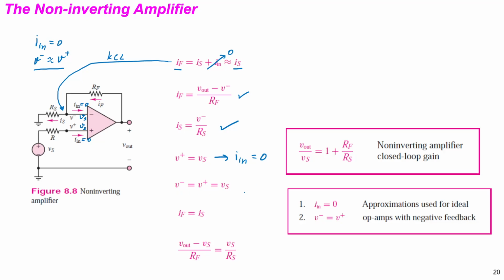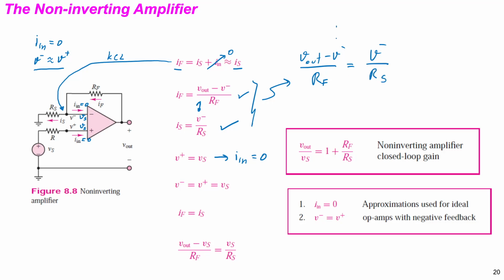Okay, IF and IS are equal, so we take these two terms equal. We get V out minus V negative by RF equal to V negative by RS, right?